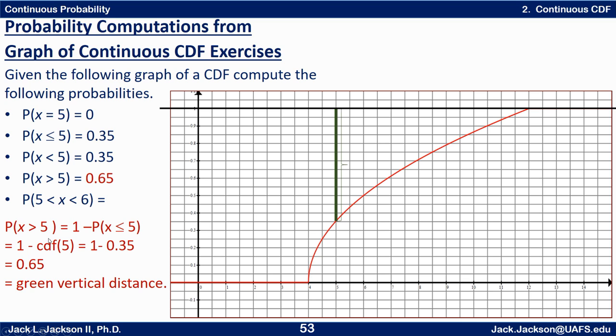So the probability that x is greater than 5 is 1 minus the probability that x is less than or equal to 5, which is 1 minus the CDF of 5, which is 1 minus 0.35, or 0.65. So 0.65 is that probability, and that is the length of this green vertical line segment.